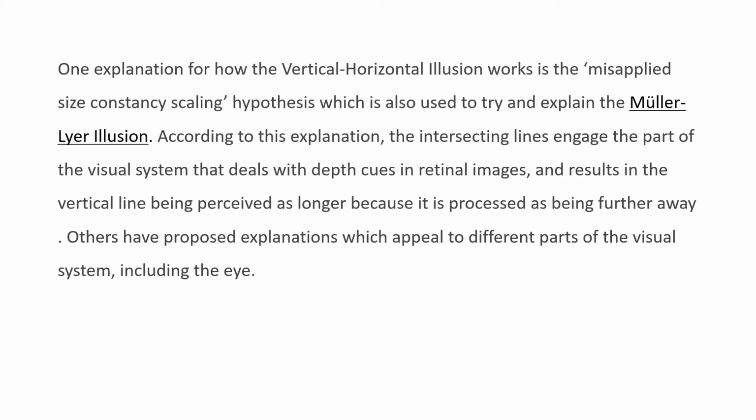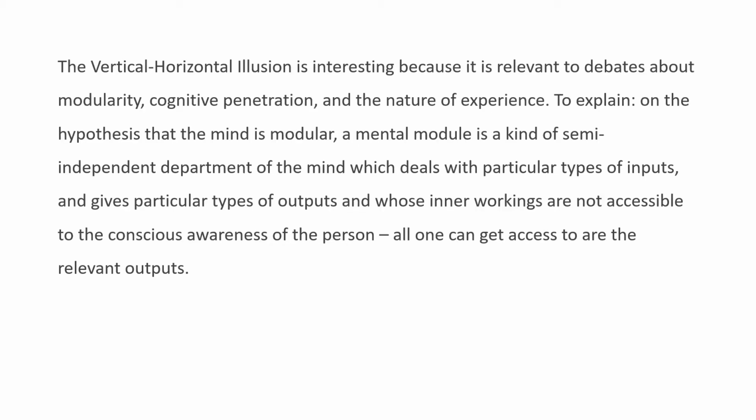Others have proposed explanations involving different parts of our visual system. The horizontal-vertical illusion is interesting because it is relevant to debates about modularity, cognitive penetrability, and the nature of experience.